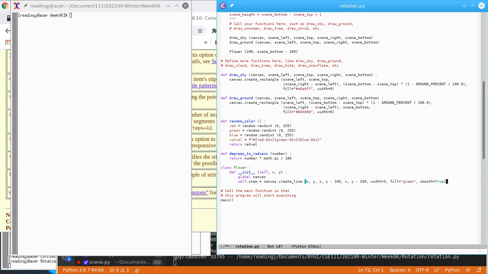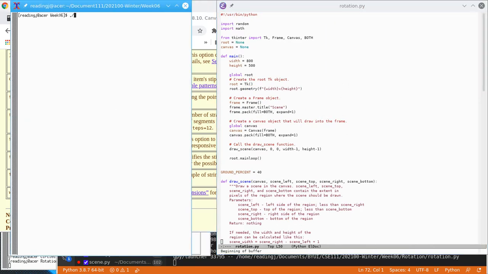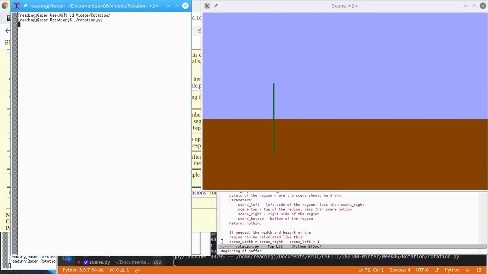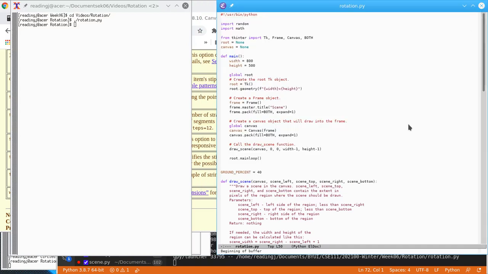We'll see what smooth does in just a moment. And let's see what happens if we just run that. Whoops. Got to get in the right directory here. Okay. Okay, so there's my flower stem. Maybe a little taller than I intended it to be, but it'll work. We'll just leave that alone.